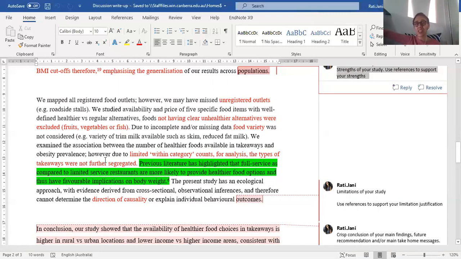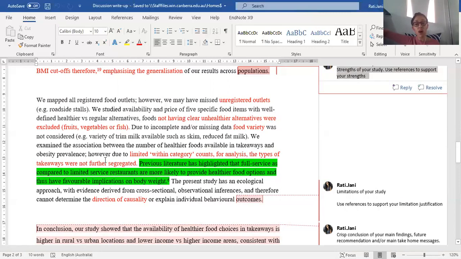Then you can say things such as, what else are your limitations? You will have a lot of limitations. Yes, it was cross-sectional in design, but to strengthen your findings, you have done a pre-post intervention questionnaire. All right, so although it was cross-sectional, you have something to compare to.